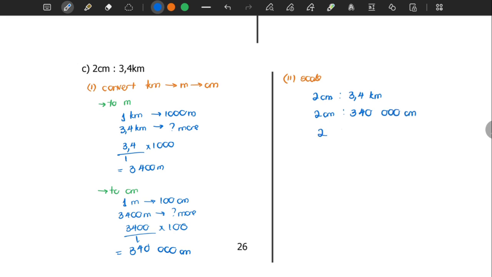So again, 2 is to 340,000. Divide both sides by 2, such that we get 1 is to 170,000 is our scale. There we go.